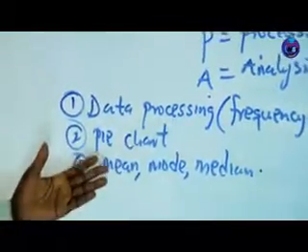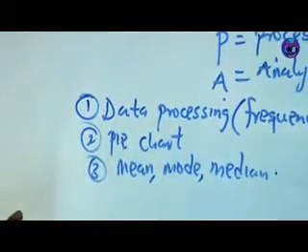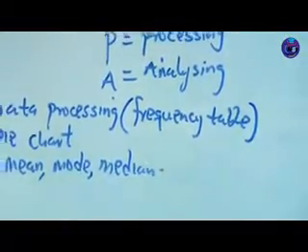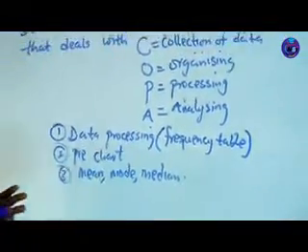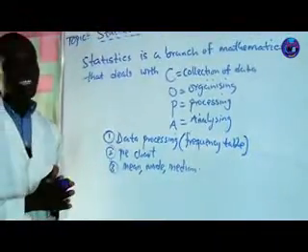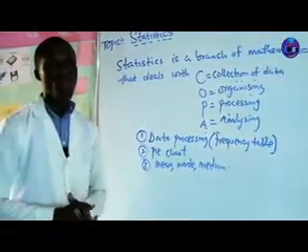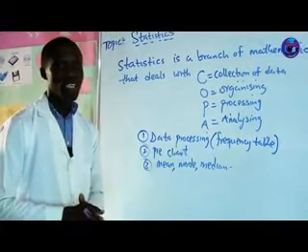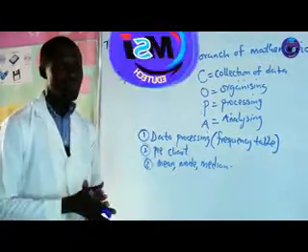Now, let's start from data processing, which is frequency table. Under this, we are going to see how we can process data and use it to form our frequency table. Just follow me as we solve this example.